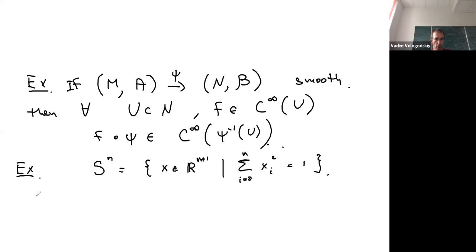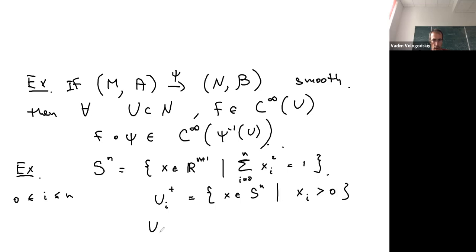For every i from 0 to n, define Ui plus to be the set of vectors in the sphere with xi greater than 0.